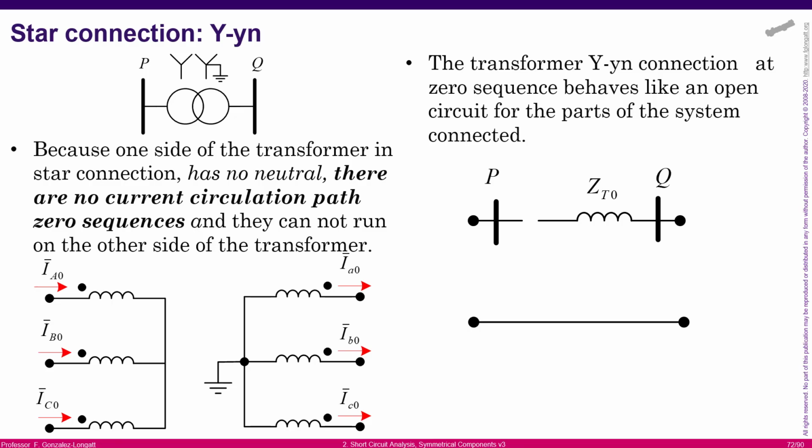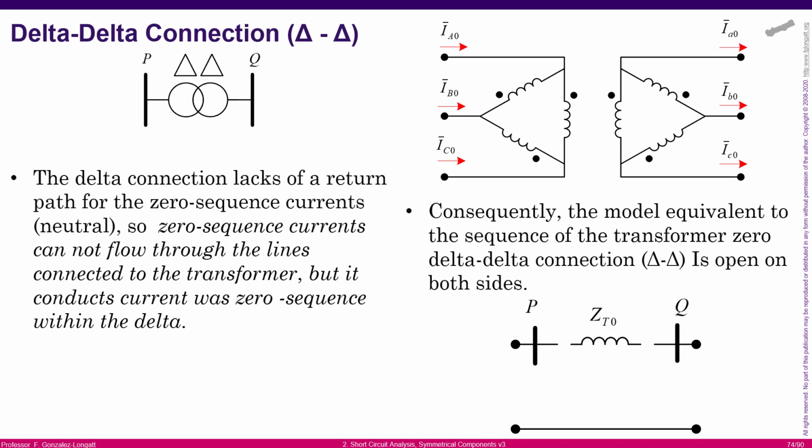Okay. Now let's go to see the deltas. Delta-delta connection, we can call this DD, where the capital D represents the high voltage side and the lower d represents the low voltage side. What is the situation here, okay?